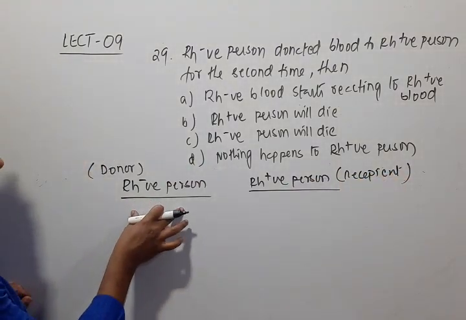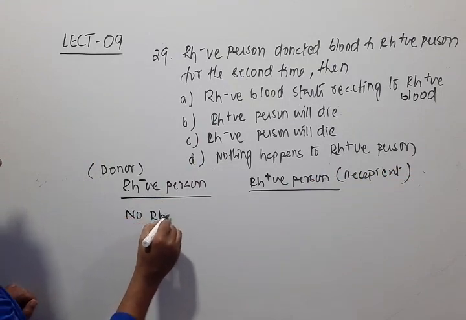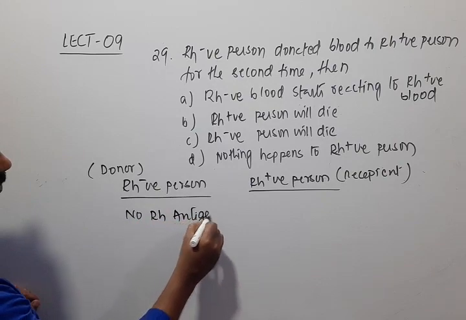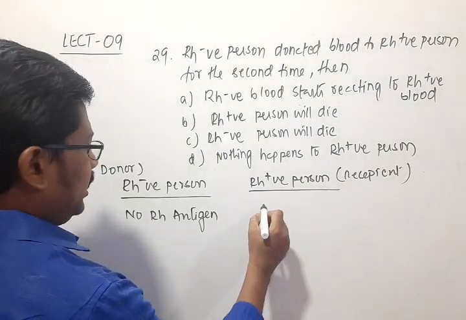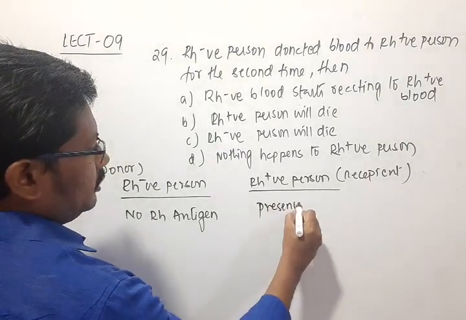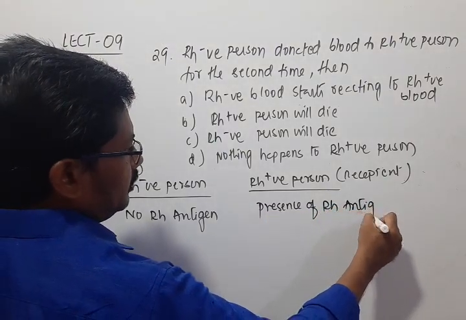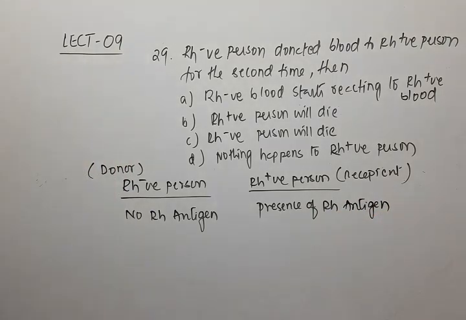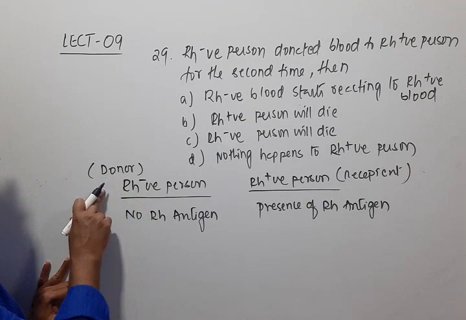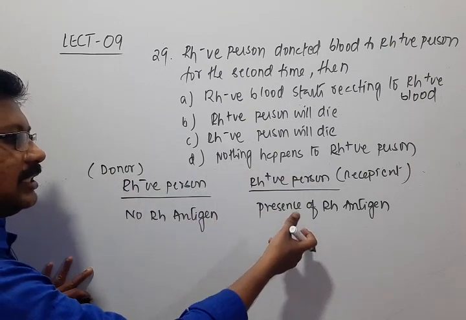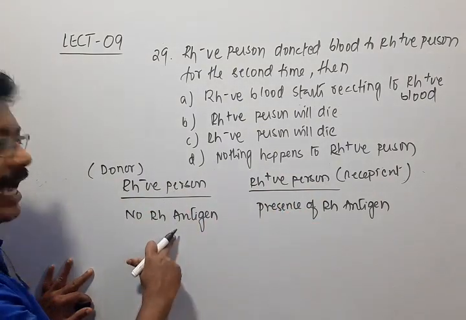When we say RH negative person, we know there is no RH antigen, and in the other case there is presence of RH antigen. If RH antigen is present in the donor's blood, then only the recipient's blood will produce antibodies against that antigen.